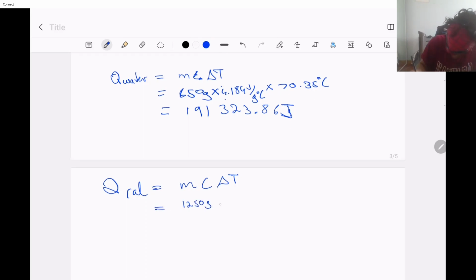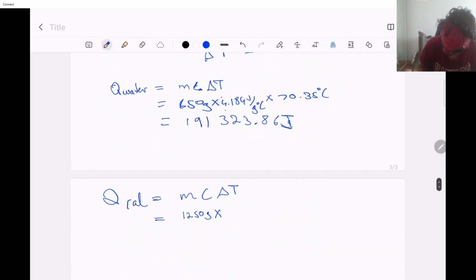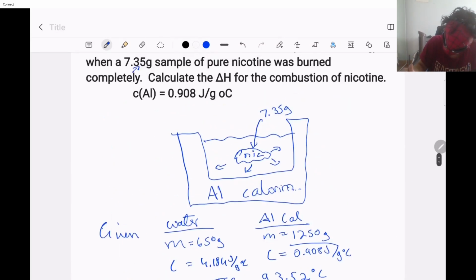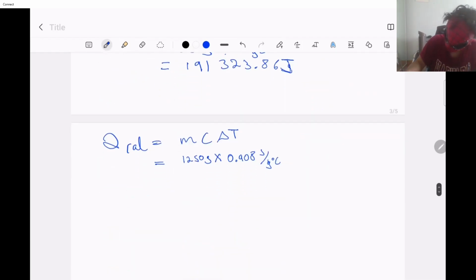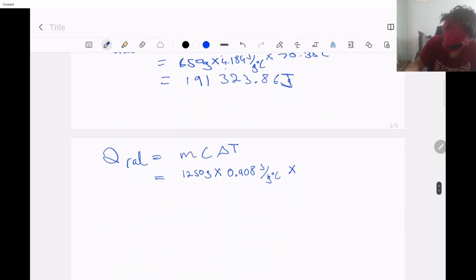The Q of the calorimeter is equal to 1,250 grams times the specific heat capacity we're given, 0.908 joules over grams degrees Celsius, times the change in temperature, which is the same for the water and the calorimeter, 70.35 degrees Celsius.